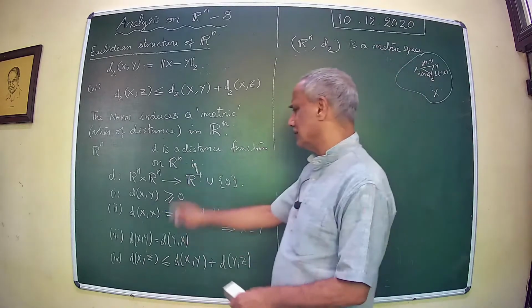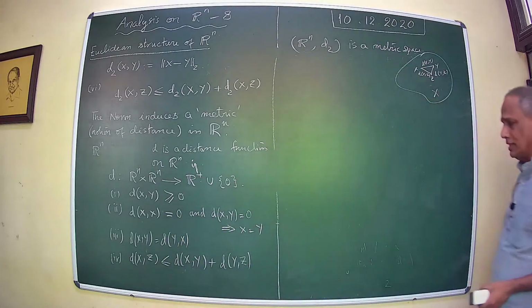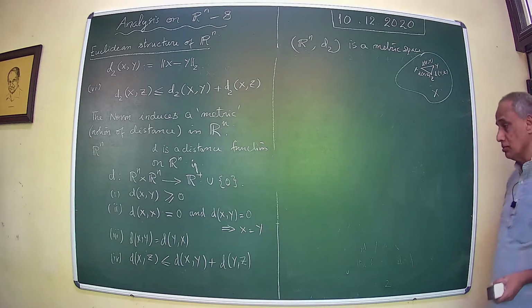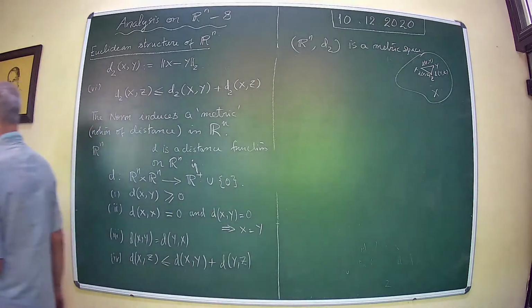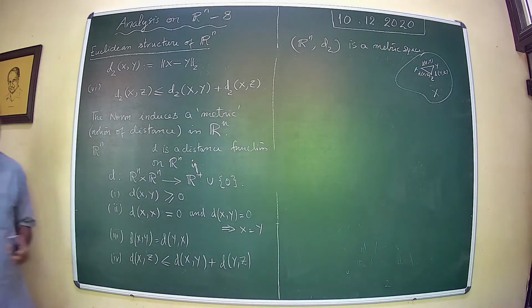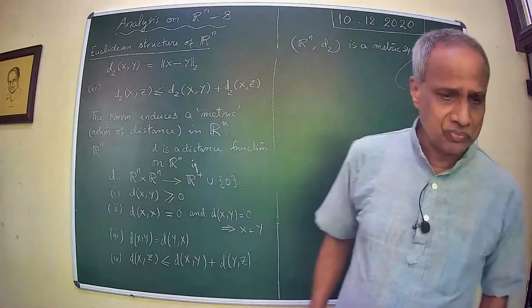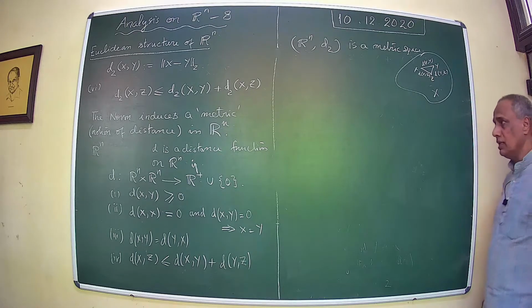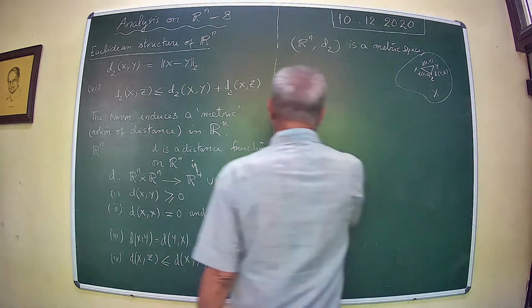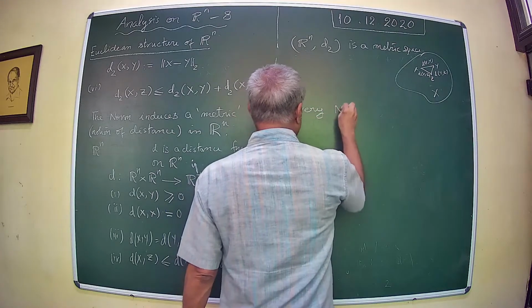And it doesn't talk about the length of an element or any such thing, which may not be possible to introduce. So there are very exotic metrics that you can introduce without using the norm. So every normed linear space is a metric space.